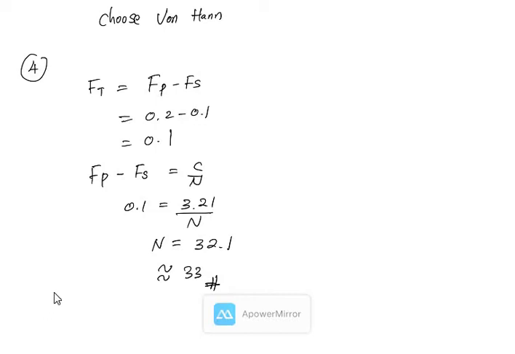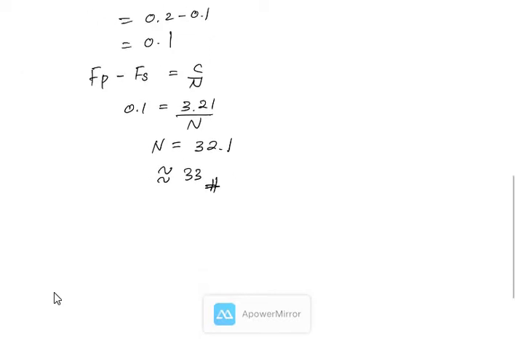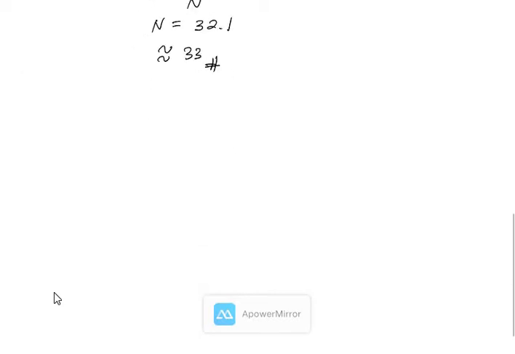Now we can design the high-pass filter in one of two ways. First of all, Fc is equal to 0.5 times Fp plus Fs.